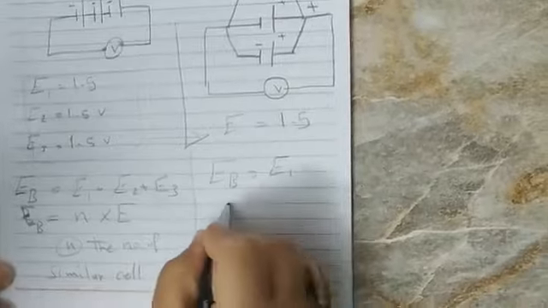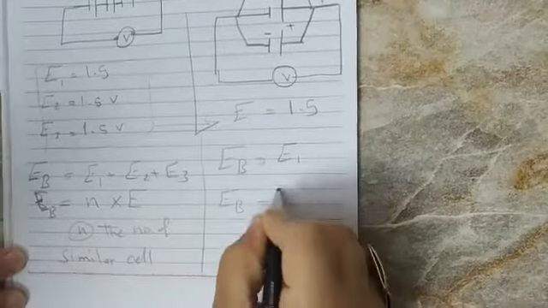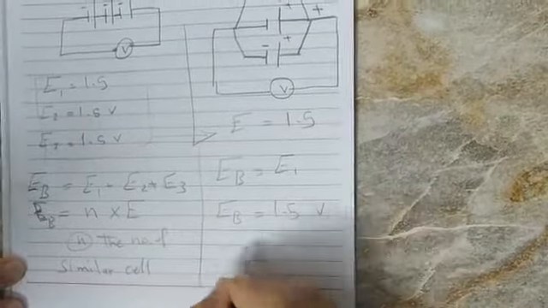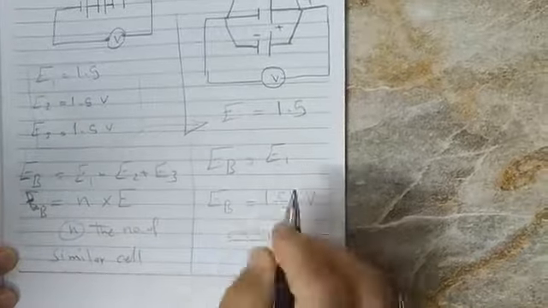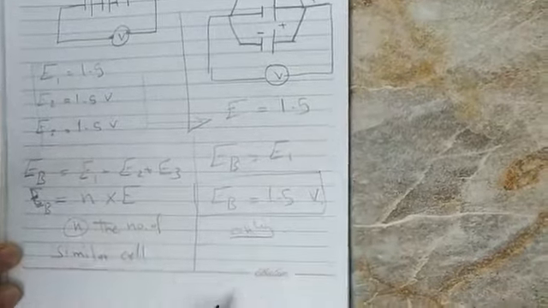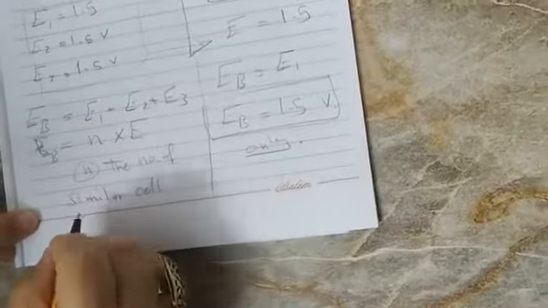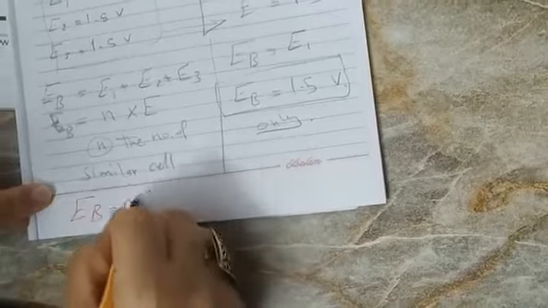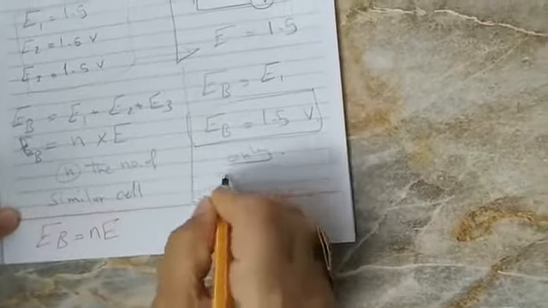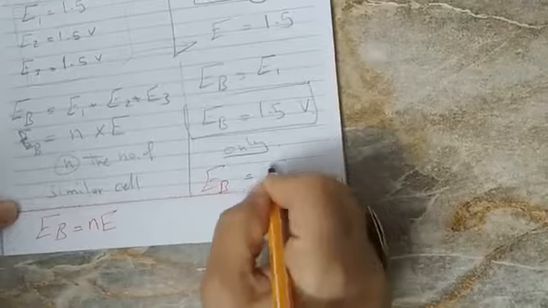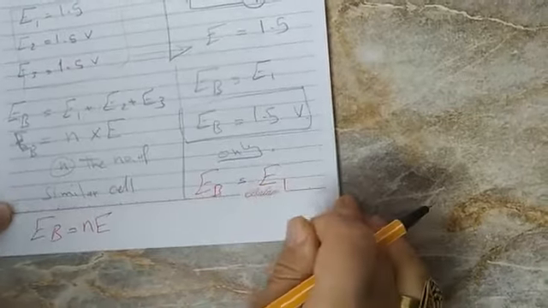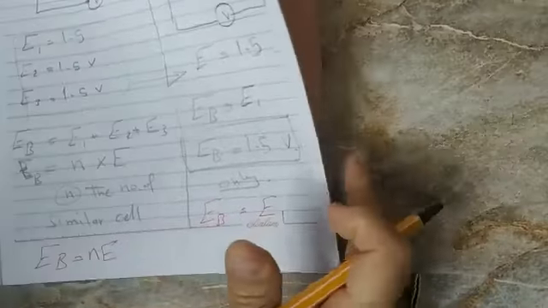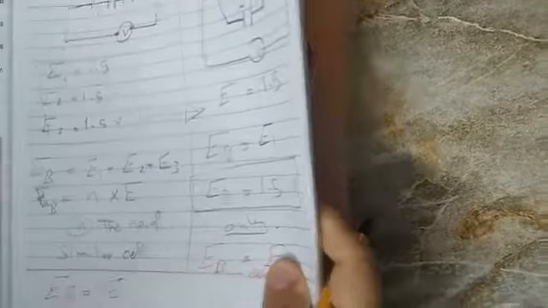That means the electromotive force of the battery equals 1.5 volts only. This is the rule of electromotive force in series: E battery equals N E. Here, E battery equals E of one of them. This is the two methods of connection of electric cells.